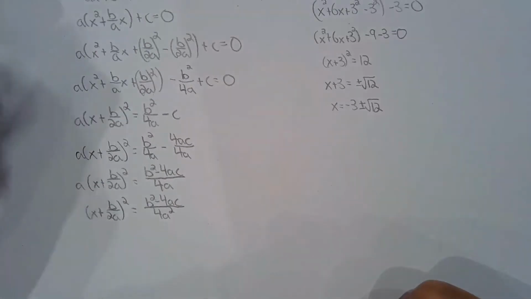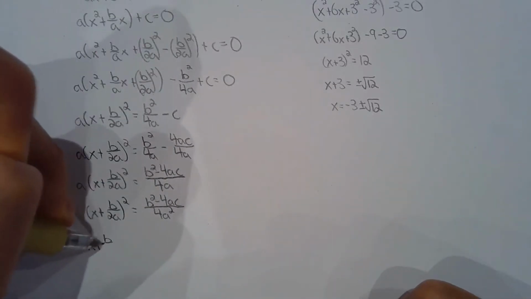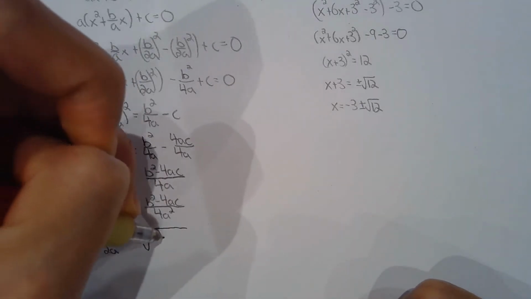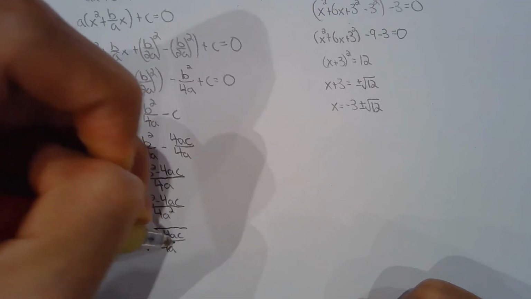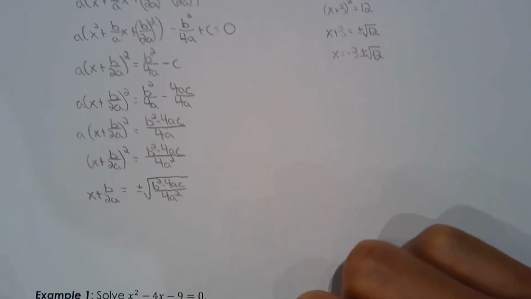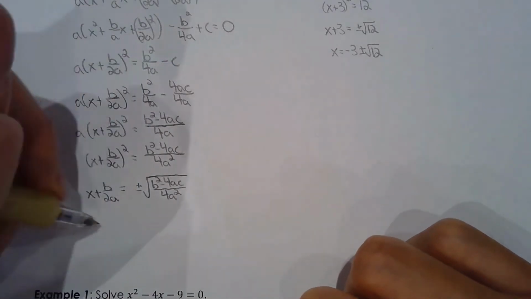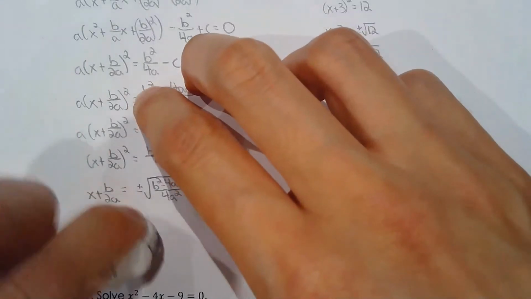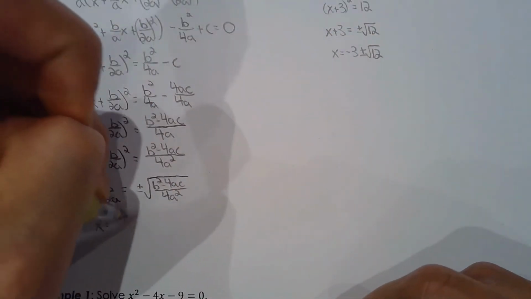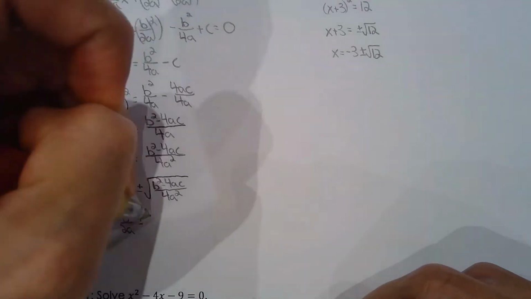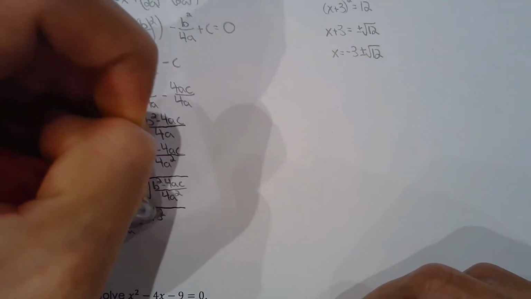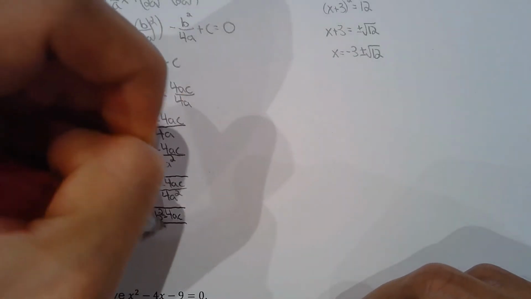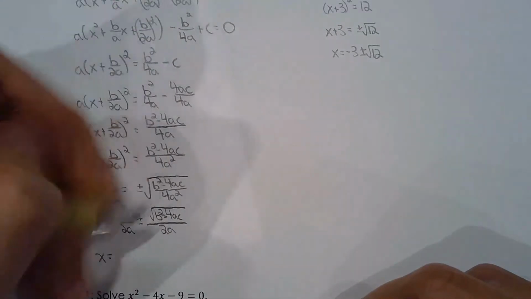Square root both sides, don't forget the plus minus. Well, wait a minute, the denominator is 4a squared, which is a perfect square. And there you have it, the quadratic formula.